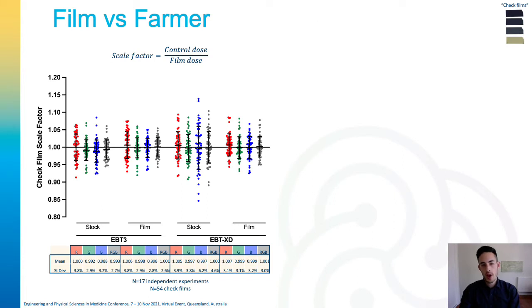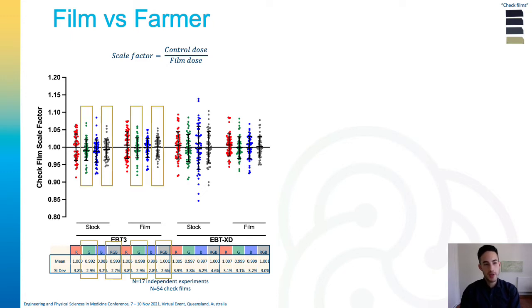For the film versus pharma experiment, we used a check film scale factor to evaluate the agreement between the control dose and the film dose. And this graph here plots the results from 54 different pairs of EBT3 and XD check films irradiated in 17 independent experiments. While you can see that the mean scale factor is about 1 across all the different conditions, the standard deviations, or the noise of the dosimetry, did vary.